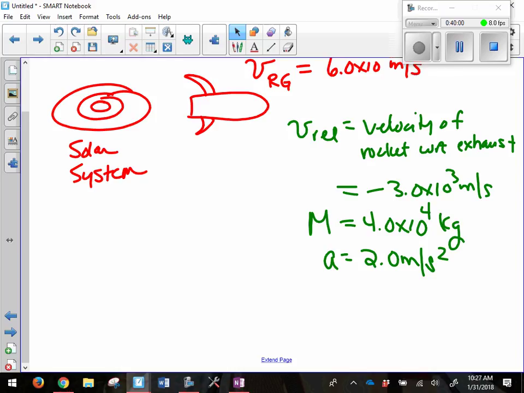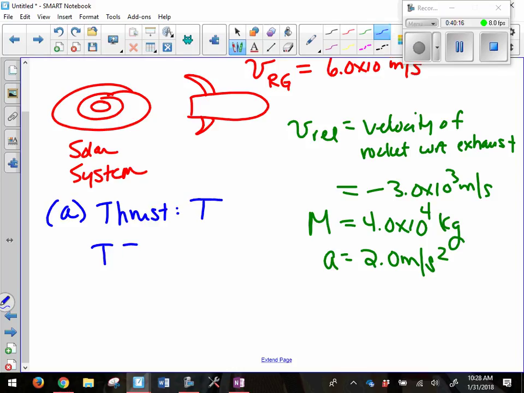So now what does part A ask us to find? The thrust, which is T. And what's my expression for T? R V rel. Now I have the V rel, but do I have R yet? No. But what's R V rel equal to? MA. Do I have MA?